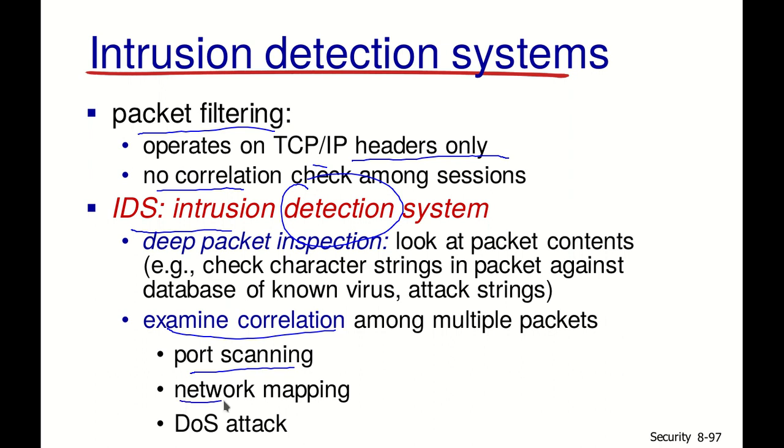Or there may be network mapping attempts from an external attacker, because if the attacker knows the topology of the internal networks, then they can do a lot of things to our networks. We also have to correlate DoS attacks, because a DoS attack normally comes with many packets attacking specific servers.